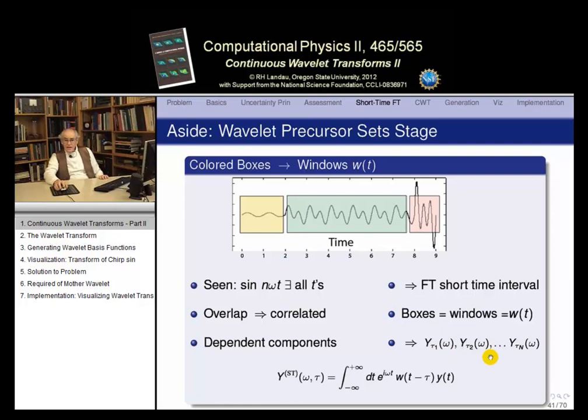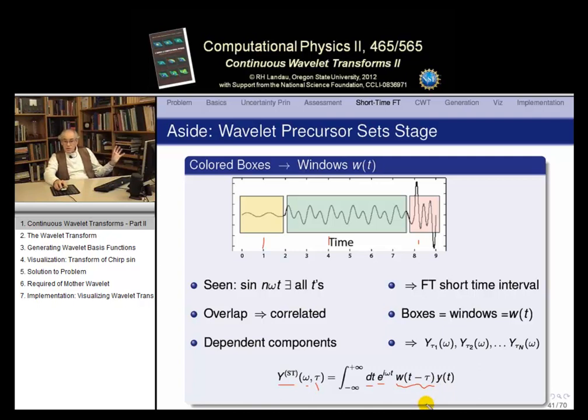So putting all these ideas into mathematical expression, we're left here with the equation of the short-term Fourier transform is the function of omega, omega being the usual frequency, and tau being the center. Here's tau 1, tau 2, tau 3, where we place the window. So it's an integral, as before, over all time, plus or minus infinity, e to the i omega t. Maybe there's a normalization constant I'm leaving out. And the new part here is this window function.